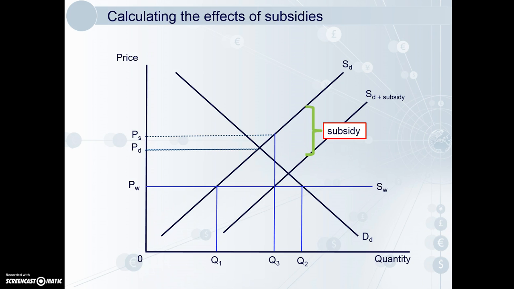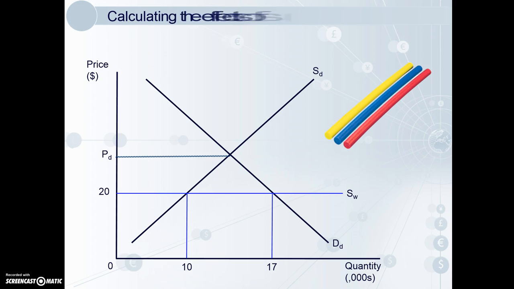Now again, we're going to switch to numbers because we're doing calculations. So we're going to look at the market for pool noodles in Bormastan. At the world price of $20, consumers demand 17,000 pool noodles. But Bormastan producers are only willing and able to make 10,000.